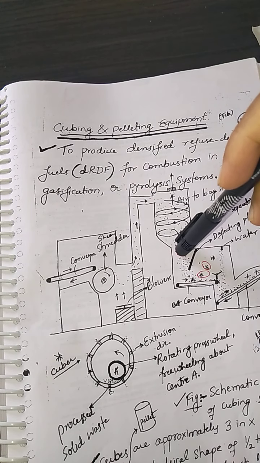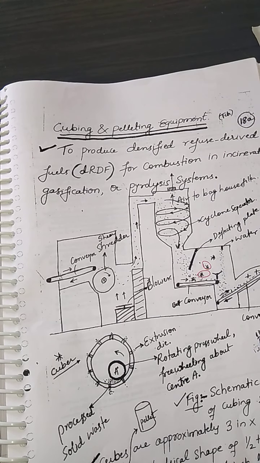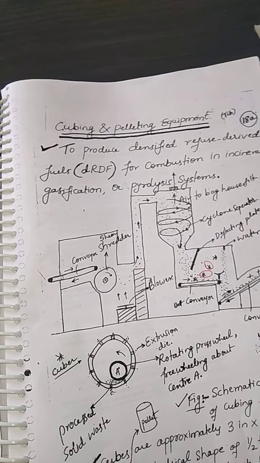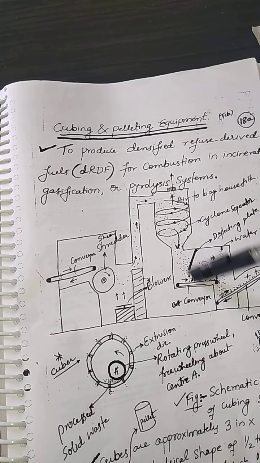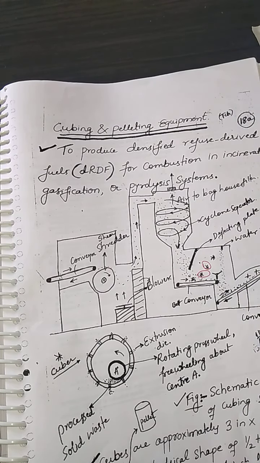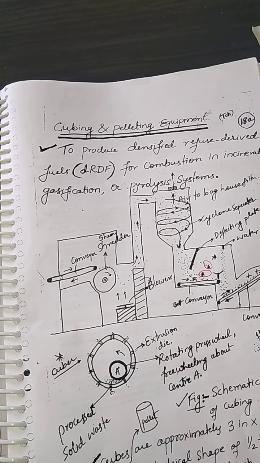Then it is thrown on the conveyor belt, and the water is going to be sprinkled from here. Whatever paper particles we have got are going to get attached to each other, and their size is going to increase.